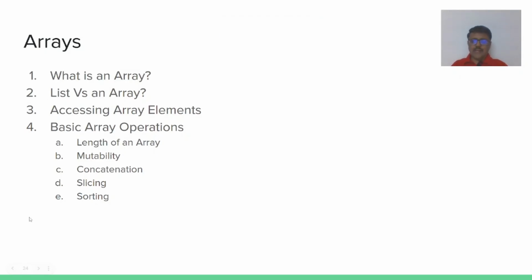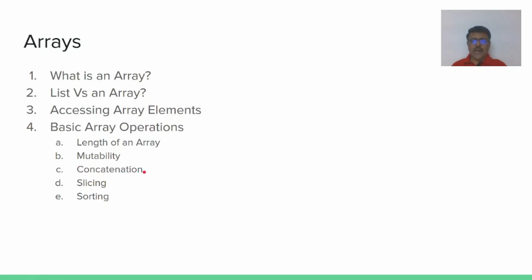So let's quickly understand what an array is and what the difference between a list and an array is. Okay. And then how do you access array elements? You'll be accessing those. And then there are a few operations we can perform, like length of an array, and mutability, that is whether you can change, update, insert, delete and all.